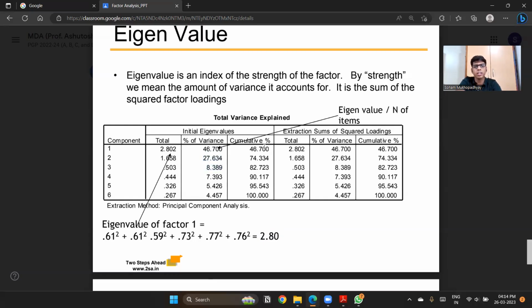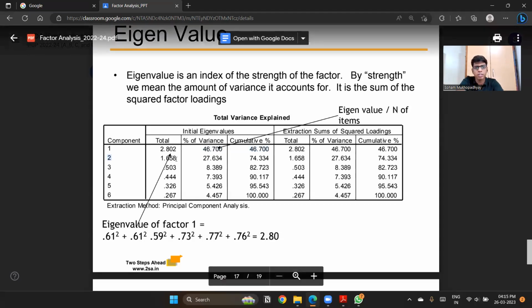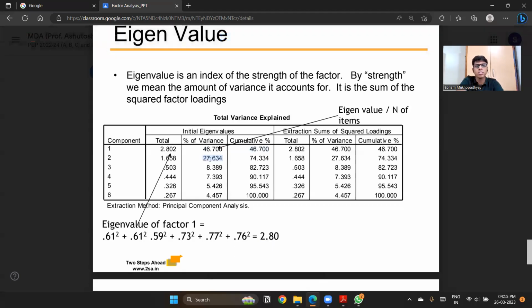And how you're getting to that is the cumulative percentage, which is nothing but the addition of these numbers. The first component only has 46.7, so the cumulative is 46.7. But when you add another factor, that factor itself addresses 27% more variance, and the cumulative percentage takes both into account. So 46.7 plus 27 gives a total explained variance of 74.334%.